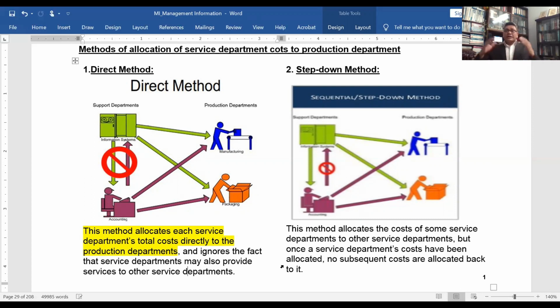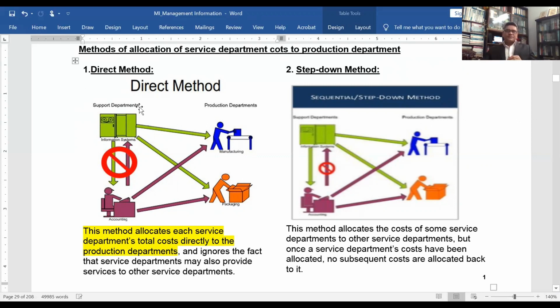For example, HR is involved not only for operation, but also for administration, finance, accounts, investment, treasury, and other departments. So in this direct method, those service department costs are ignored, and each service department's total cost is allocated directly to the production departments.